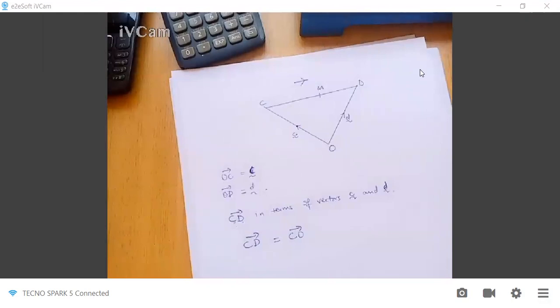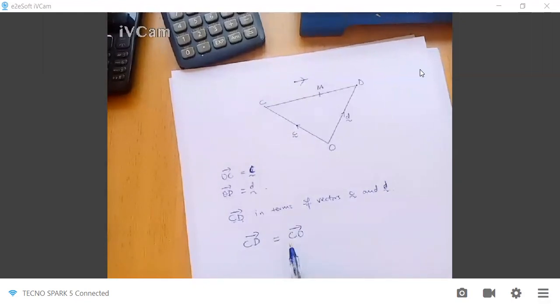CO plus OD. You don't know whether it is a plus or minus. Be sincere. If you are moving from this step to the other, you have to add one step to the other so that I reach there.